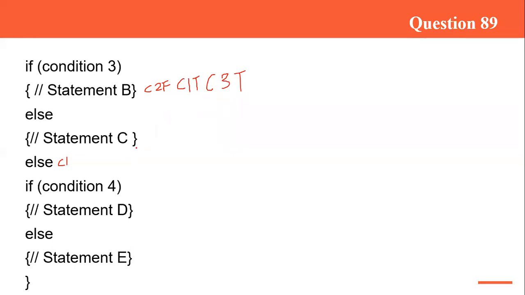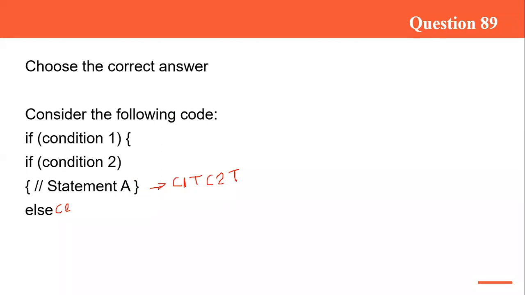Same way, let us write statement C. Statement C is inside the else part of C3. That means the first decision I can make is C3 must be false. Next, this if else is inside C2's else part.